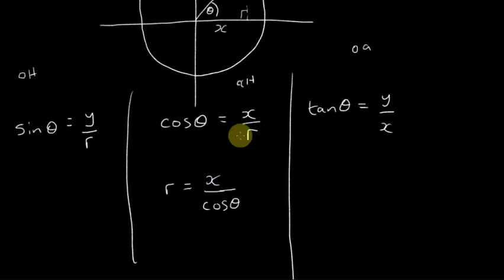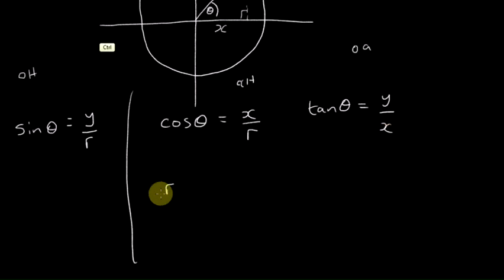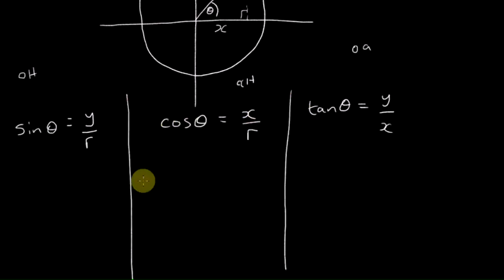Okay, so I wanted to get x on its own. Okay, so let's work with cos theta first of all, and let's make x the subject of the equation. So we just want to take r over, so that's going to be r cos theta. Whoops, oh dear, disaster. But we can rectify it.